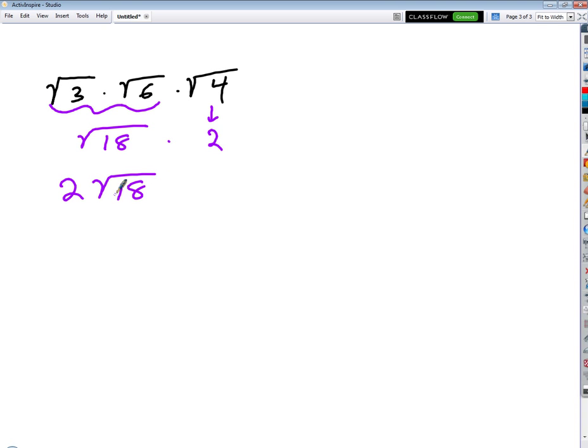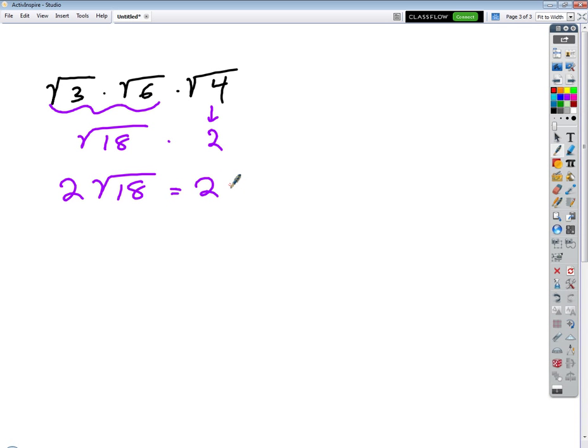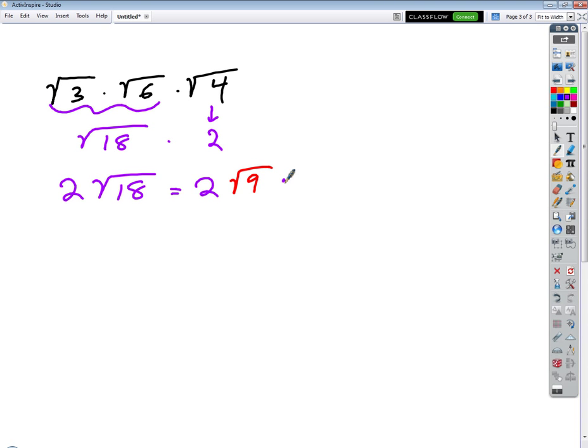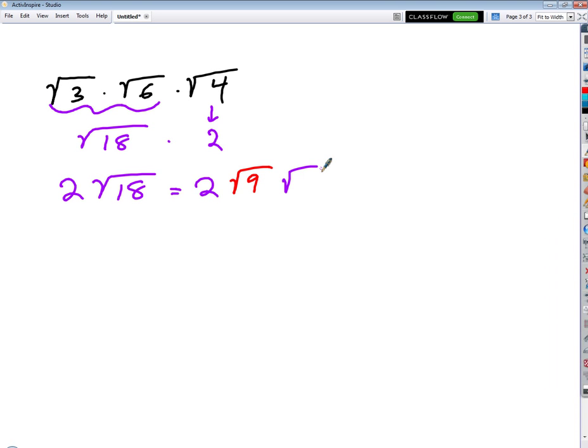Now we've got to see if we can get something else. We can simplify that square root of 18. What's a perfect square that goes into 18? 9. Right, 9 and 2. Good, so this could become 2 times square root of 9 times square root of what? 9 times what is 18? 2.